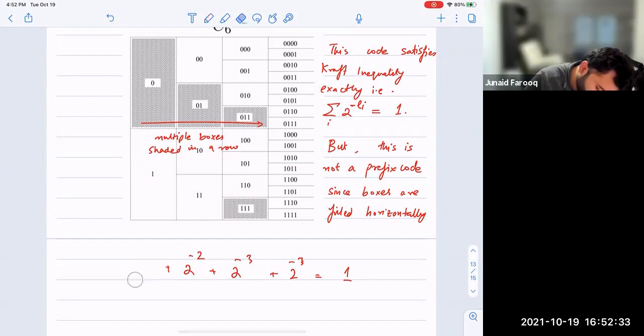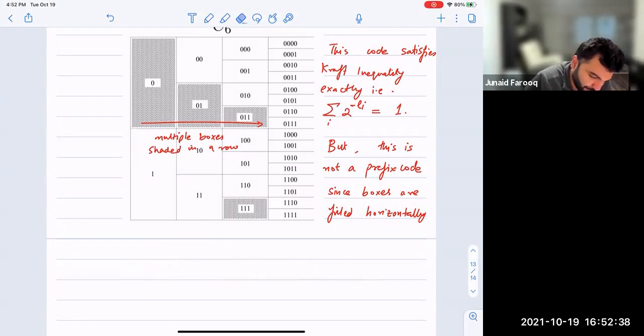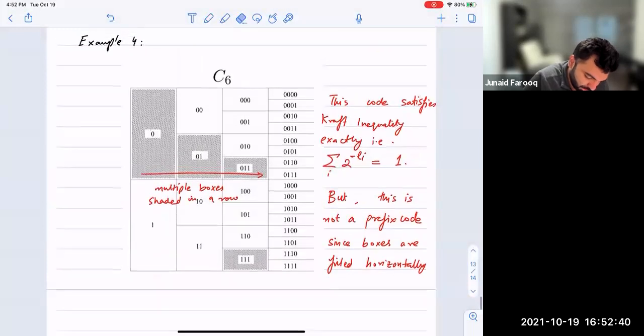Okay, so what I said is this is not a prefix code because obviously 0 is a prefix of 01, and then it's also a prefix of 011. And again, 01 is a prefix of this one. So clearly it's not a prefix code.